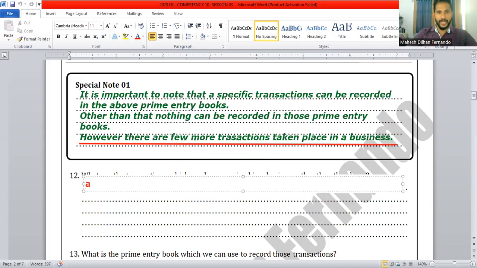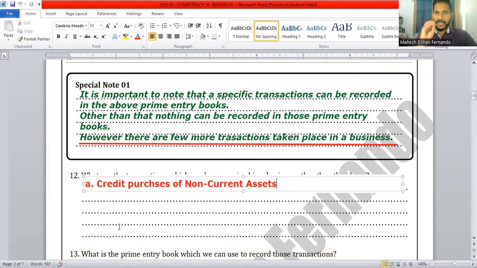Following. A, credit purchases of non-current assets. This is not the credit purchase of goods.